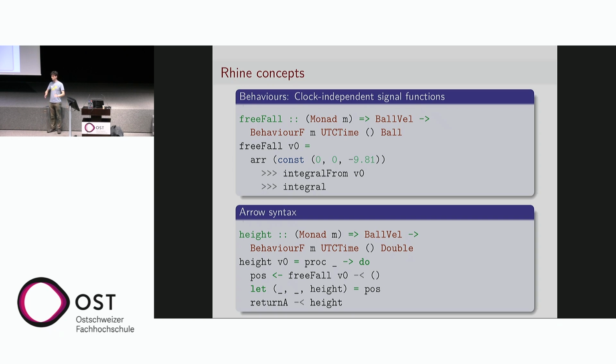The abstraction is not 100% clean, because you can also encode a few things that are not like this, but that is the idea, that's the motivation. So if you just run everything with the arrow syntax and only had one sampling step at the end, then it should work like classic FRP.